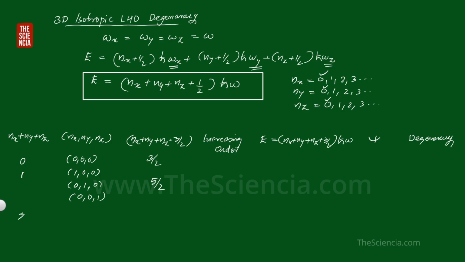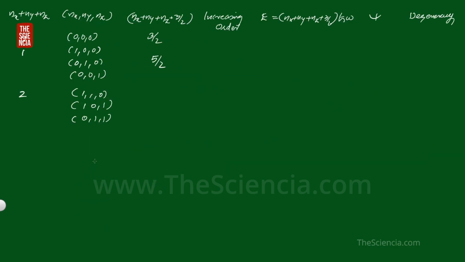Then 2. 2 I can make 1, 1, 0 or 1, 0, 1 or 0, 1, 1. And other combinations are 2, 0, 0, 0, 2, 0, 0, 0, 2. So I will get 2 plus 3 by 2, that is 7 by 2.